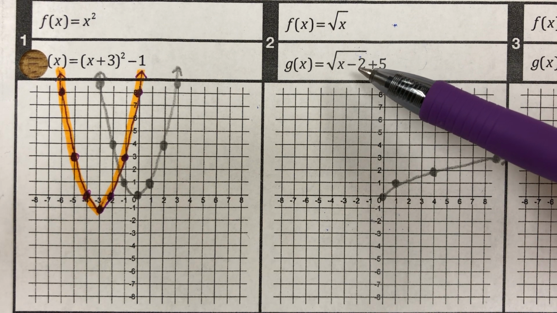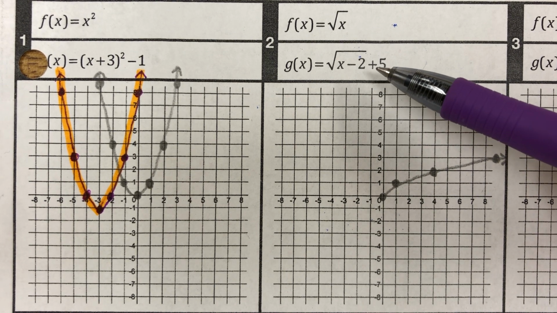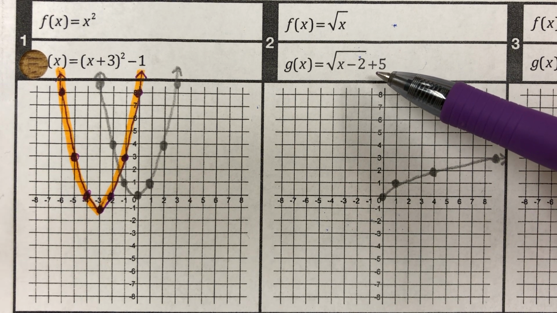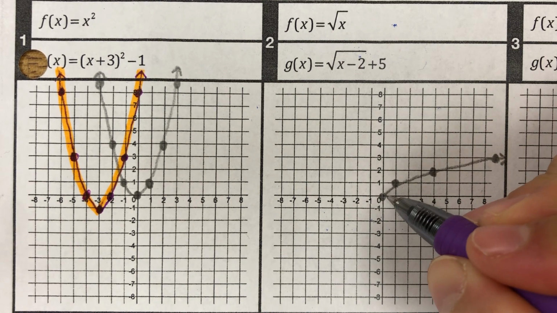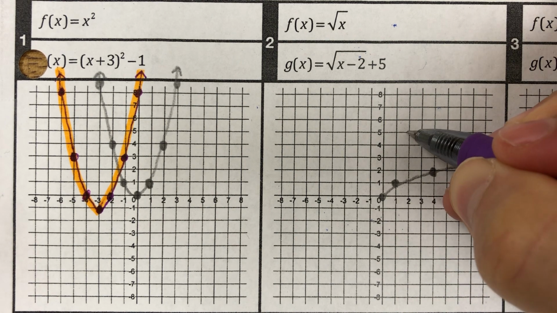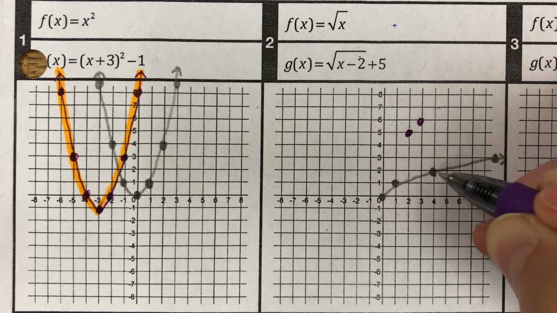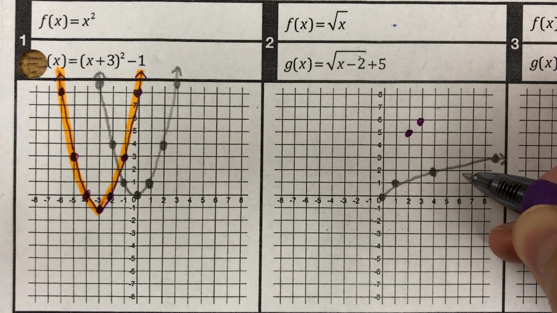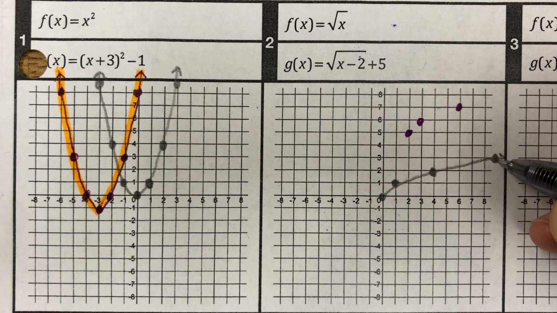Now, my C value here is -2. I know that that means that the C value is +2. So that's going to move me to the right. And then this is a +5, so that means that it's going to be moving up 5 units. So go to my anchor points here, go 2 right, 5 up, 2 right, 5 up, 2 right, 5 up, and then this guy here, unfortunately, is peace out.